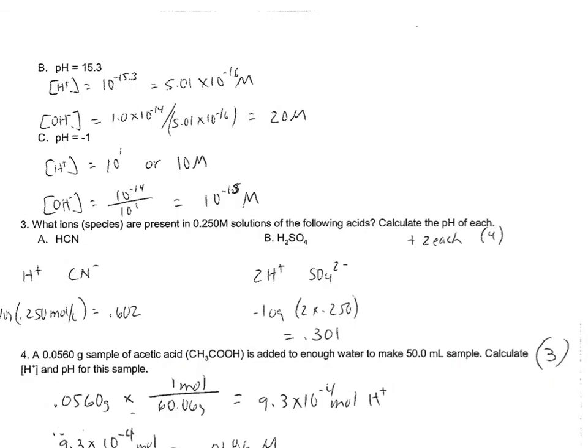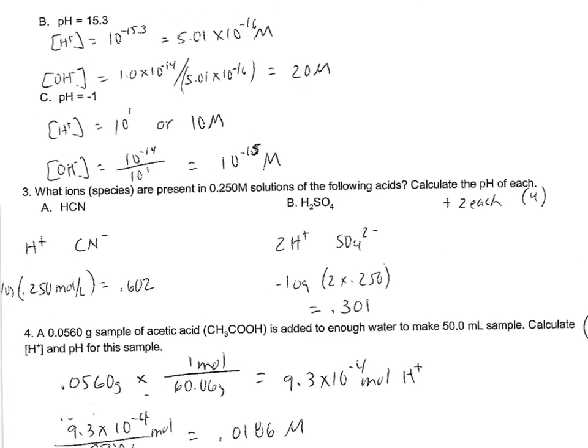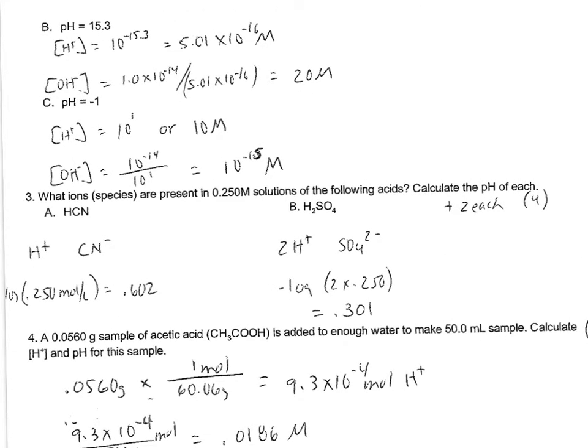So look at the other ones here. Again, H plus is going to be 10 to the negative 15.3. You have to go ahead and calculate that out and get it into a concentration, 5.01 times 10 to the minus 16th. I then just took 1 times 10 to the minus 14th and divided by that concentration.